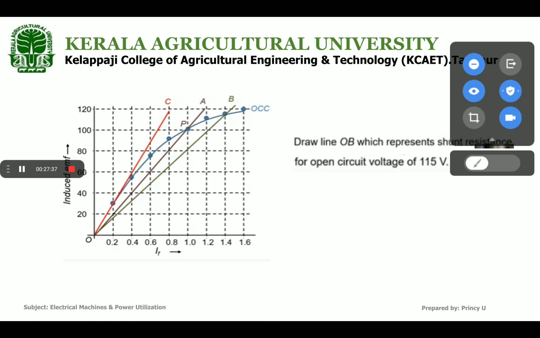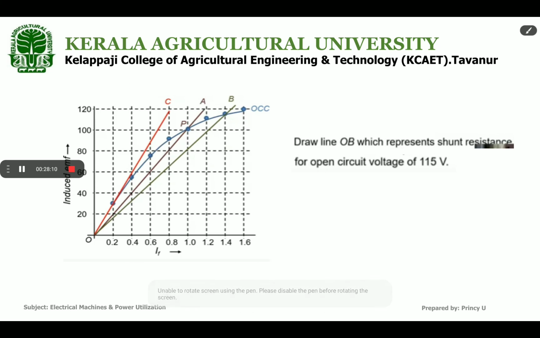Then now we are going to draw a line which produces almost 115 volt, ഒരു സ്ലോപ്പ് ലൈൻ വരയ്ക്കാം. അതായത് from the origin you draw a line OB which represents shunt field resistance for open circuit voltage of 115 volt. അതായത് ഒരു 115 volt corresponding ആയിട്ട് OCC curve വരുന്ന ഒരു ലൈൻ വരയ്ക്കുക. That is this resistance line. So okay, what will be the slope of this line OB?